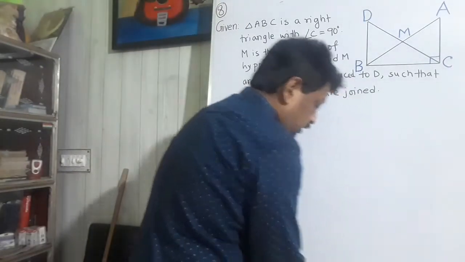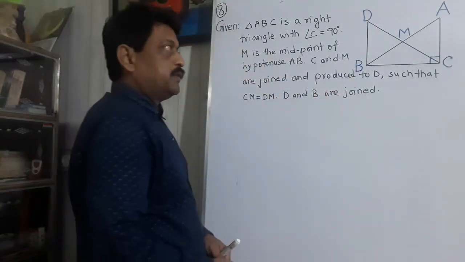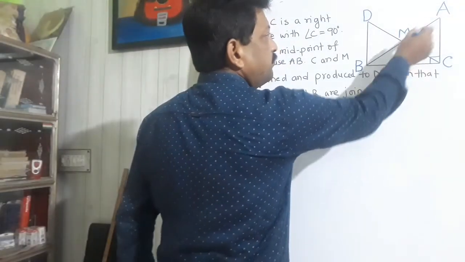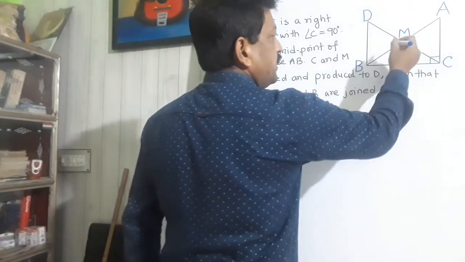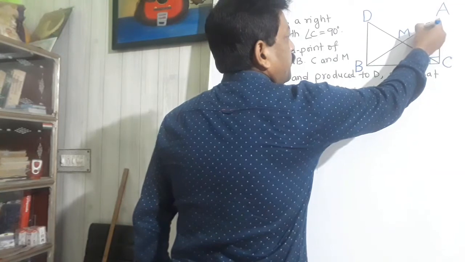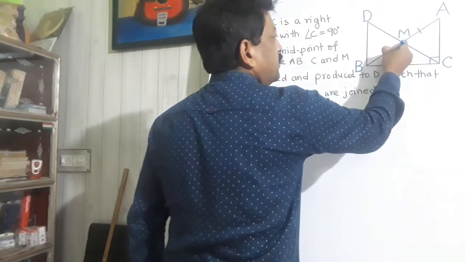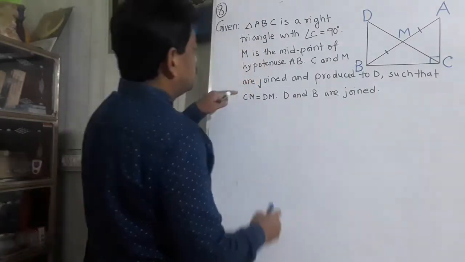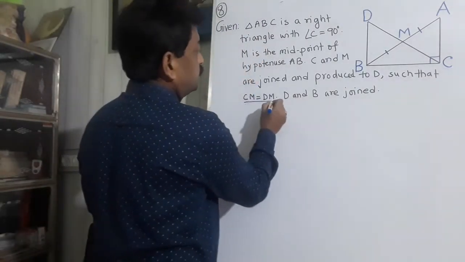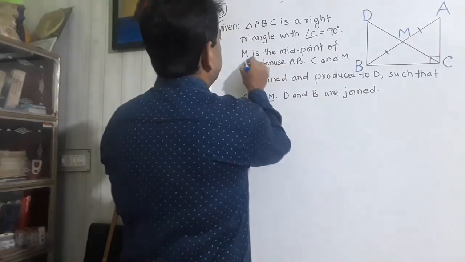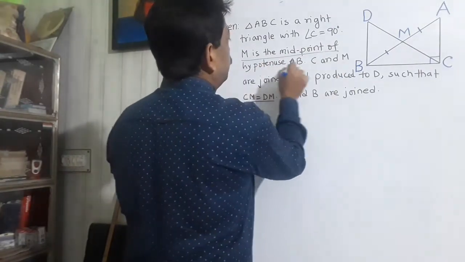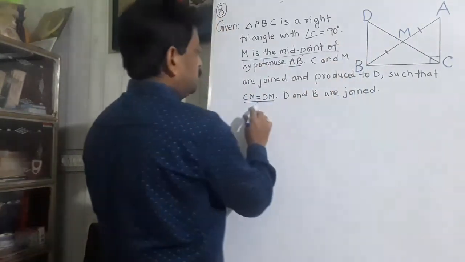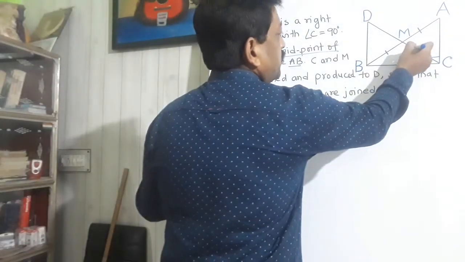So let me mark the things which are equal given in the question. See, first of all, M is the midpoint of AB. So we can say that AM and BM are equal. Clear? The second one, it is given in the question that CM equals DM. CM equals DM also we have to mark.